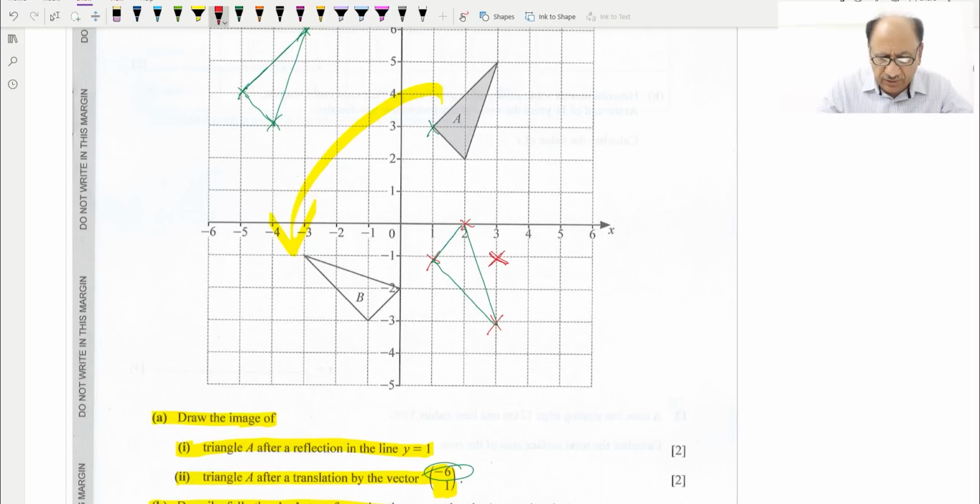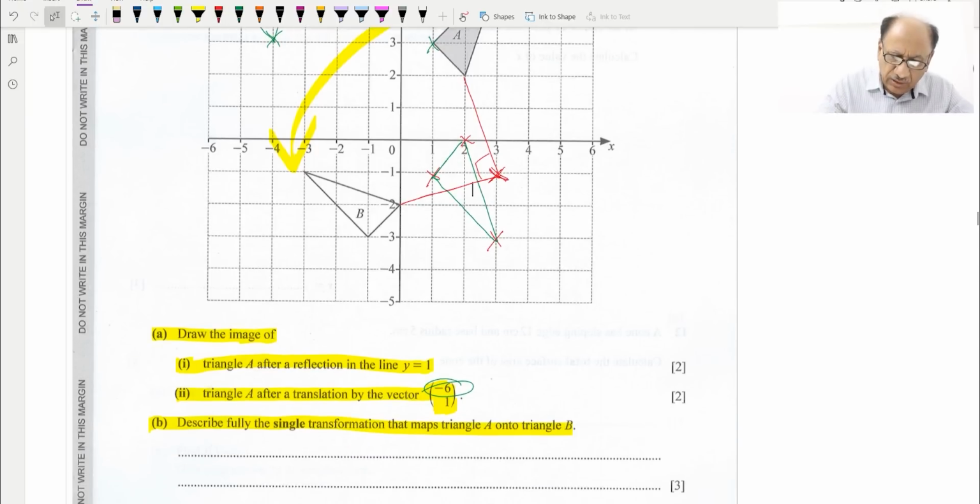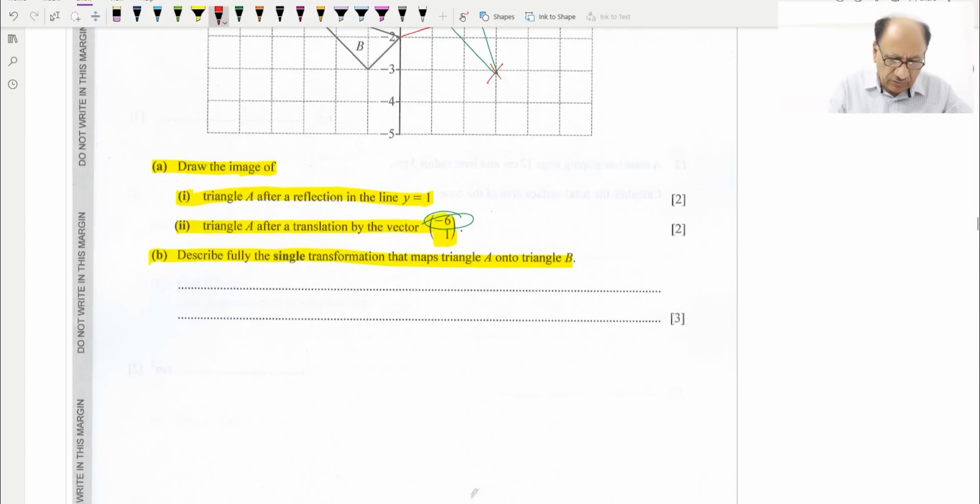If you put your tracing paper and check from this point, for example, you can see this angle is 90 degrees. So we can write rotation anti-clockwise 90 degrees, and (3, -1) is the center of rotation.